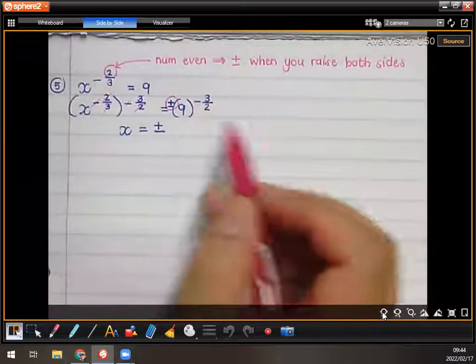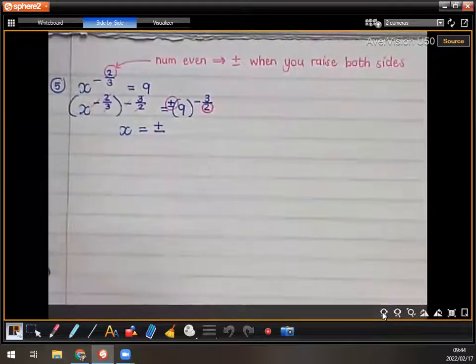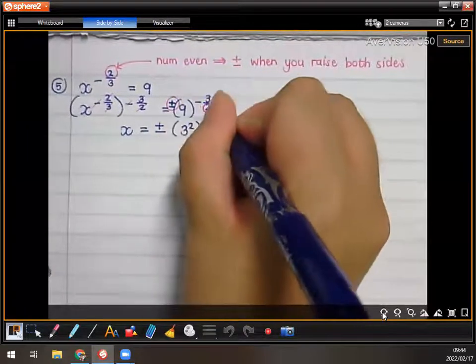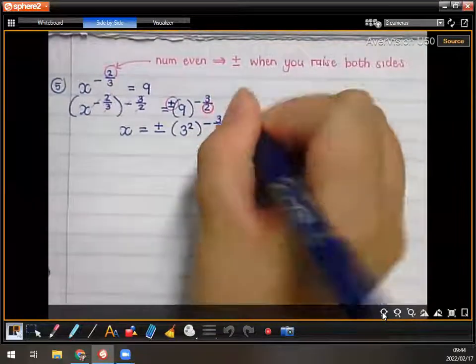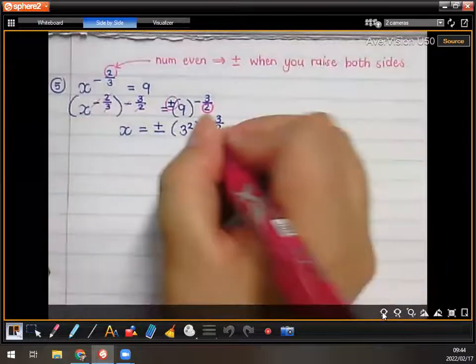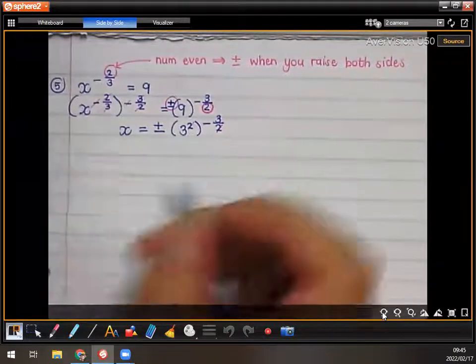Now I need to work this out, right? The denominator is 2, so can I write 9 as something to the power of 2? 3 squared, so I'm going to say 3 to the power of 2, and that is to the power of negative 2. Now those 2's are going to cancel out. And what am I left with now? Plus minus 3 to the negative 3.